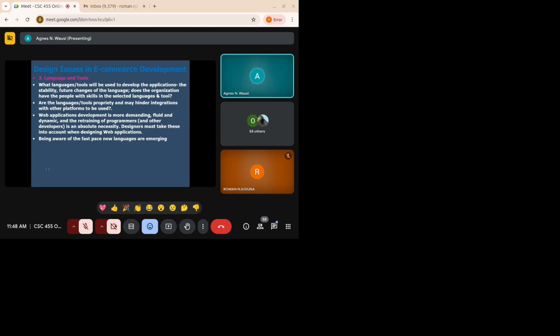What are the possibilities of changes occurring? What are some of the changes that we envisage? What are the providers of these tools and techniques, and the languages that we use? What is it that they're saying about their support, the long-term support of it, and all that? So it's important to find, are the tools, the languages, the platforms I'm using stable enough?